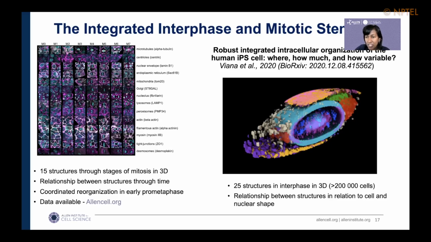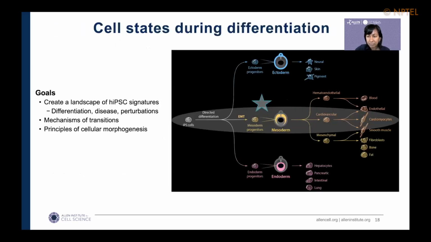How much of each structure is in each cell, and what is the relationship between them? This is the exciting new insight we're starting to have by doing this kind of imaging and visualizing each structure individually and integrating them together in one single cell.